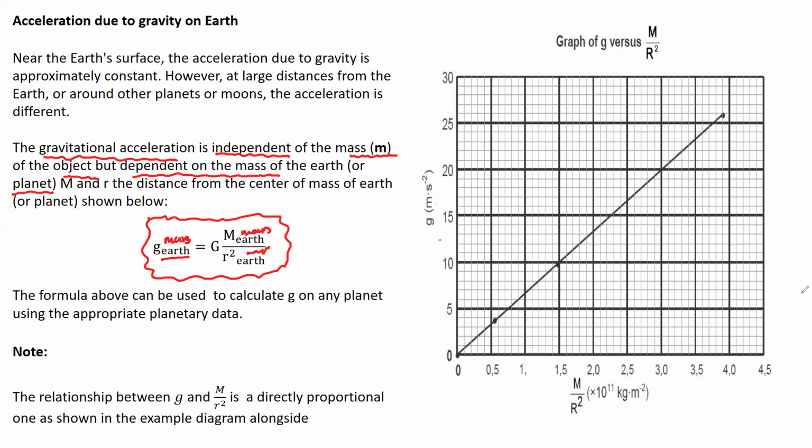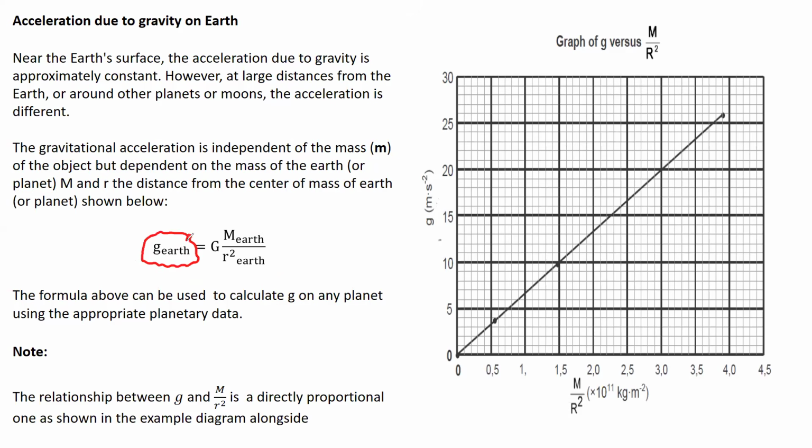This just shows you that you can use this formula anywhere. So the gravitational acceleration, which we'll use in questions, is equal to G, the mass of that planet, over the radius squared of that planet. It's interesting to notice that the gravitational acceleration is directly proportional to m over r squared.